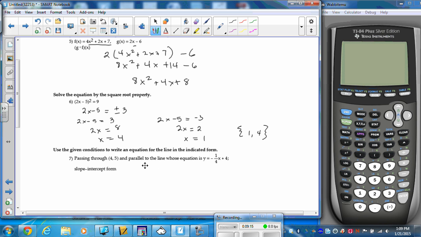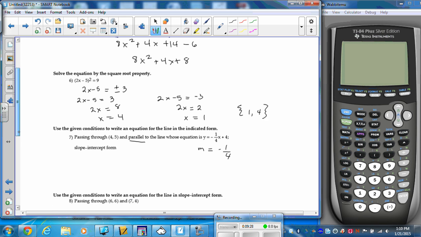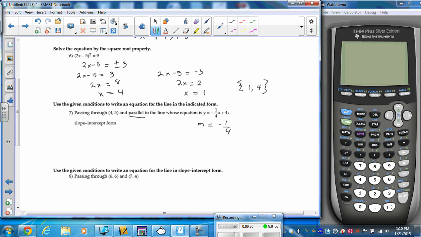We want to write the equation for the line indicated here parallel to this. So if it's parallel to this, we're looking for a slope of negative 1/4, because parallel lines have the same slope. We want it also to be passing through this point, so we are going to use the formula y minus y1 equals m times x minus x1, where x1, y1 is the ordered pair.